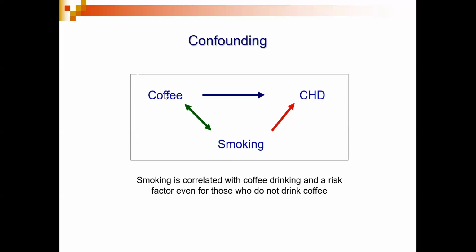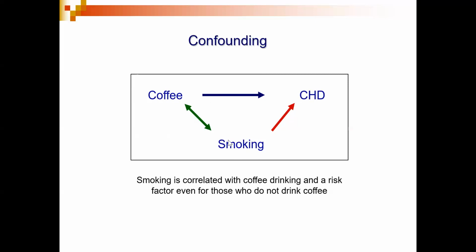I want to try and explain it better. With a confounder, remember, we are closing this pathway between coffee and congenital heart disease.